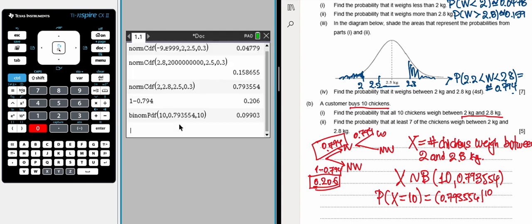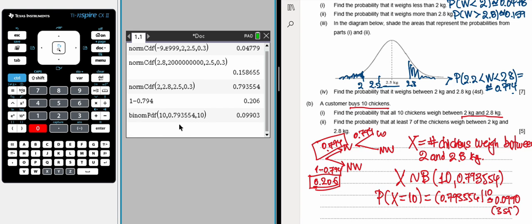Press OK, and that gives you 0.09903, which is the correct answer, or 0.0990 to three significant figures, which is the correct rounding.